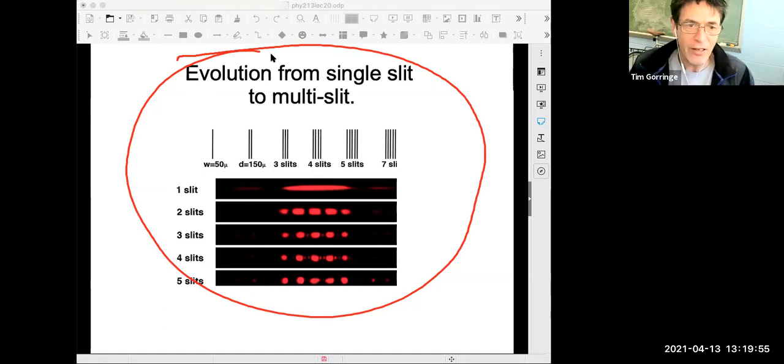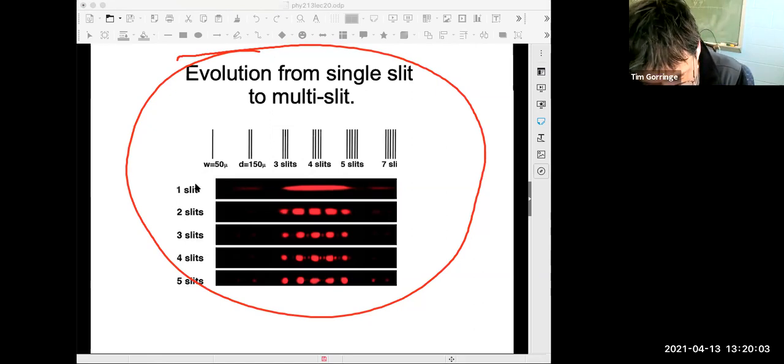It's the evolution of the diffraction grating from a single slit. If you look at this slide, this is a diffraction pattern from a single very narrow slit. It's this one here.